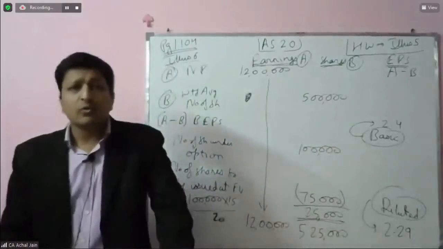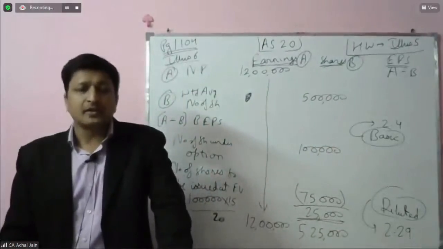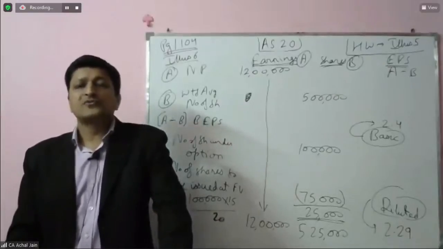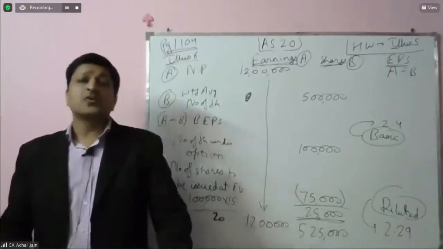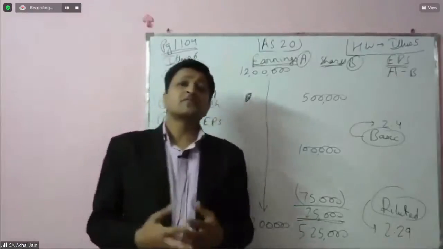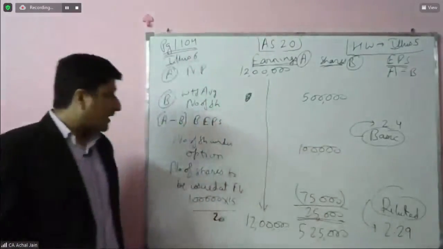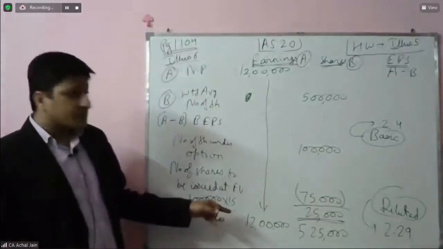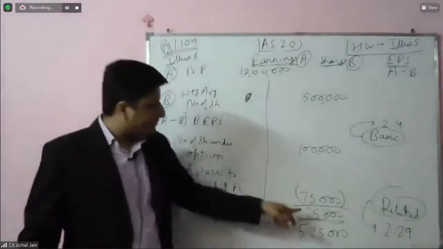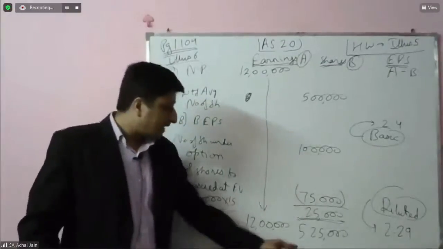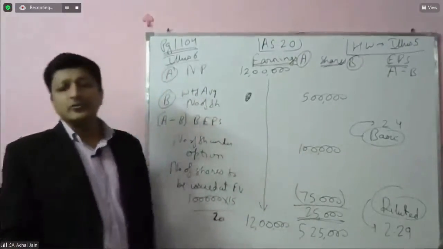So is there going to be any benefit? No. Any value which will lead to a dilution? No. Because what will lead to the dilution? Something which comes free of cost. So the part which comes free of cost out of this 1 lakh is 25,000. That's the number which you will add for the purposes of your dilution.